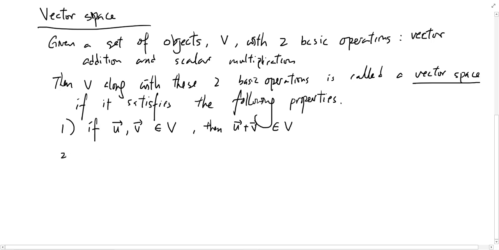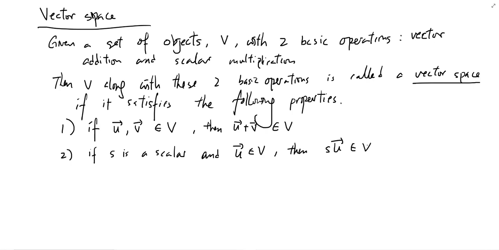Number two, if S is a scalar and vector u is in V, then S times vector u is also in V. This is called closure for scalar multiplication.